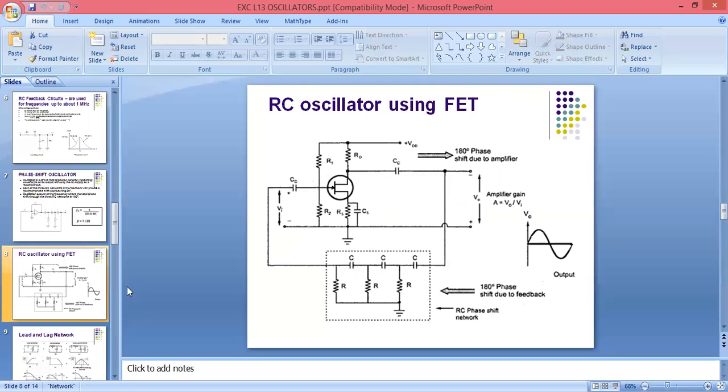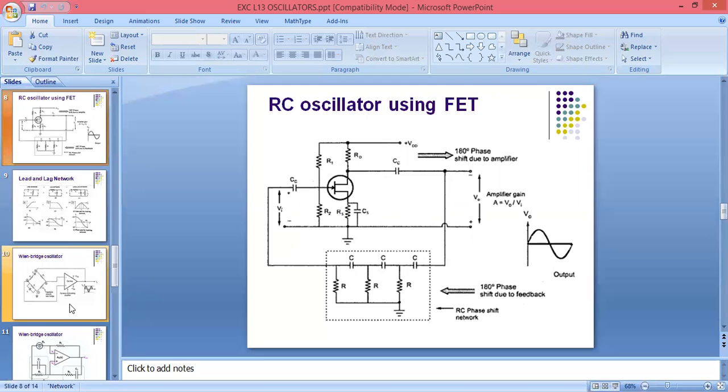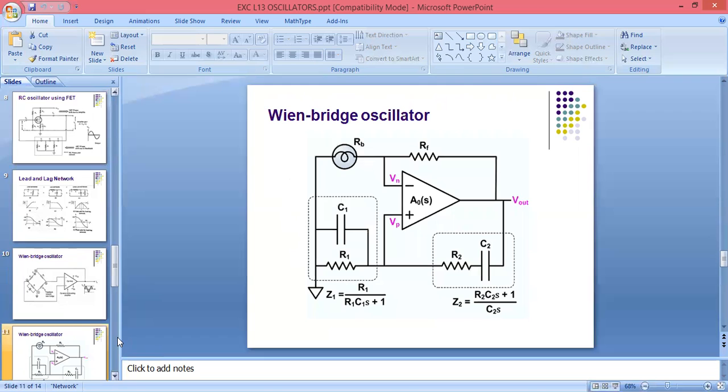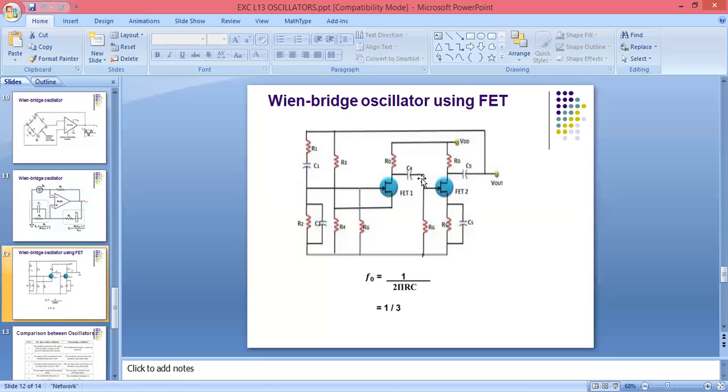So when we are using a two-stage RC coupled amplifier, one RC coupled amplifier will give us 180-degree phase shift. So this two-stage RC coupled amplifier will provide a net phase shift of 360-degree. Therefore the Barkhausen criteria will get satisfied, and now we can use this amplifier circuit as an oscillator.